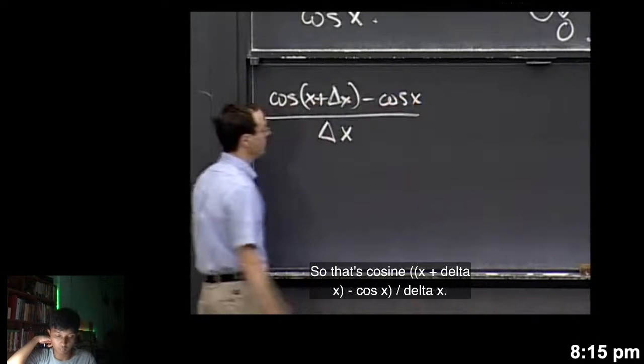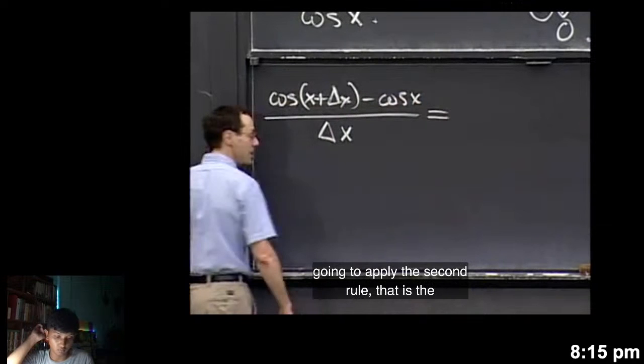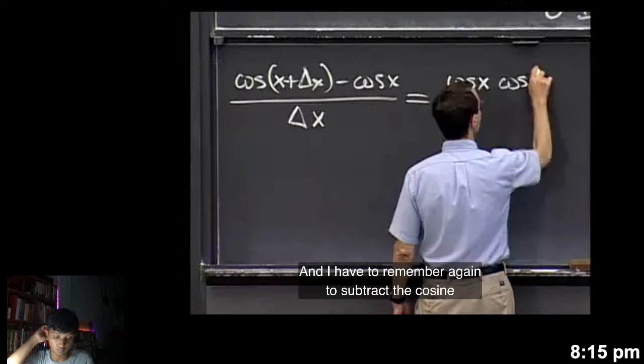And now I'm going to do the same thing I did before, except I'm going to apply the second rule, that is the sum rule for cosine. And that's going to give me cosine x, cosine delta x, minus sine x, sine delta x. And now you have to remember, again, to subtract cosine divided by this delta x.